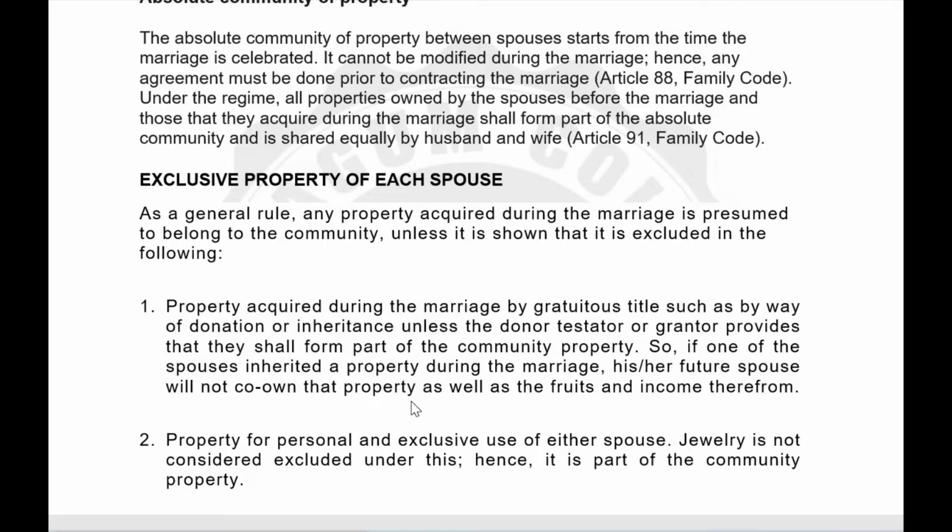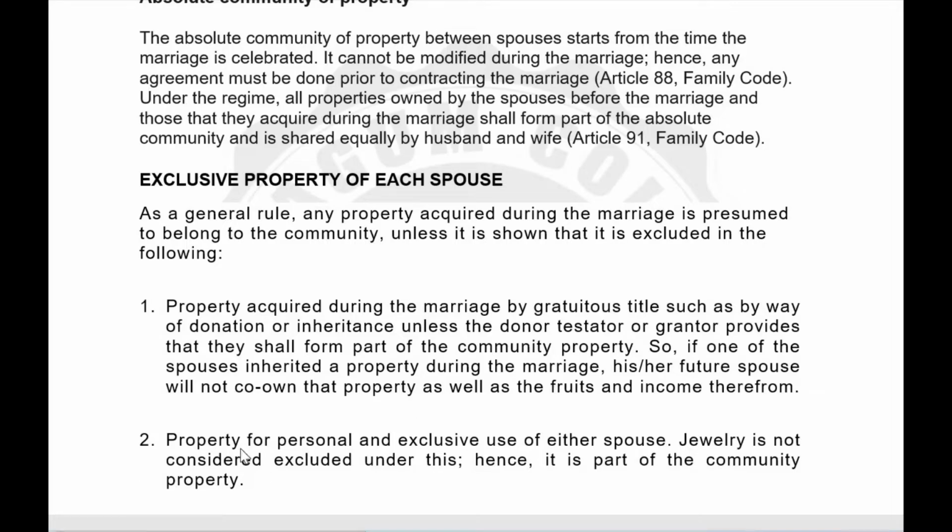Therefore, if may property na acquire ka by gratuitous title before marriage, since you brought that property into marriage, ma-communal yan siya. Pag property acquired by gratuitous title before marriage. However, pag during marriage, exclusive yan, no? As well as ang income, no? Kasi exclusive ang property, exclusive din yung income.